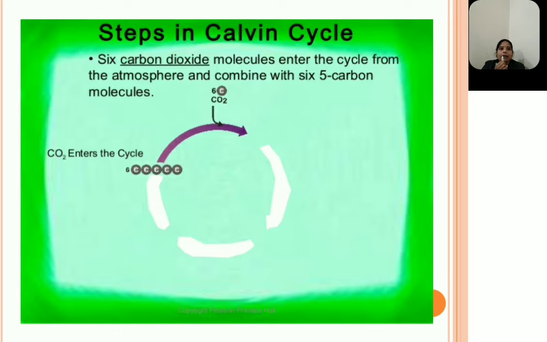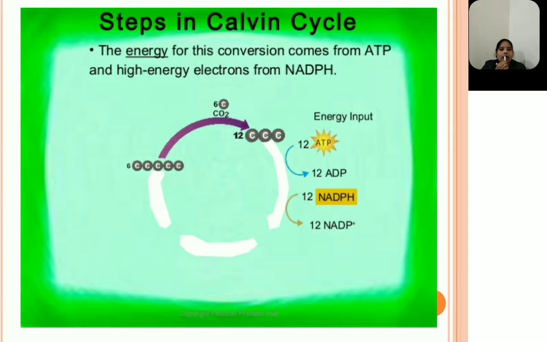So RuBP reacts with carbon dioxide to produce an unstable 6 carbon compound in the presence of rubisco. The unstable 6 carbon compound immediately splits into 3 carbon compounds, meaning 3 PGA. So here the carboxylation step is completed.